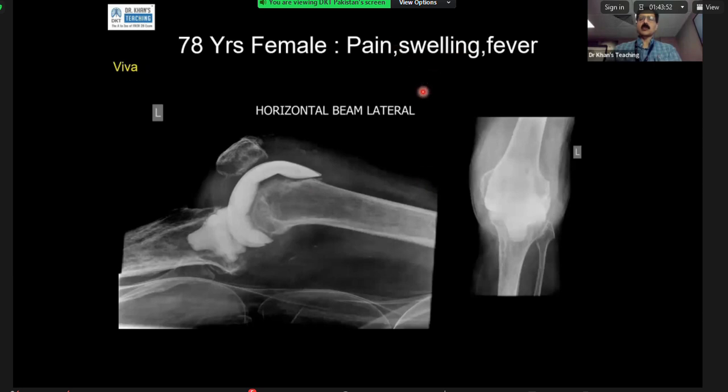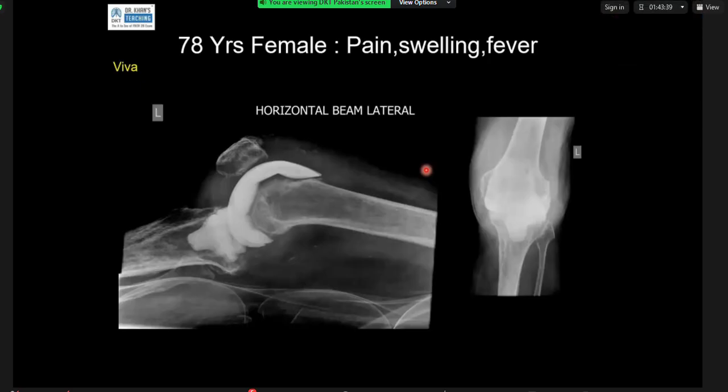This kind of symptoms, I mean to say. Possible infective etiology, septic. And on which radiological finding have you reached that conclusion? The obliteration of the fat planes. Which fat planes are we talking about? You're talking about suprapatellar fat plane and things like that. You see, effusion can cause this.